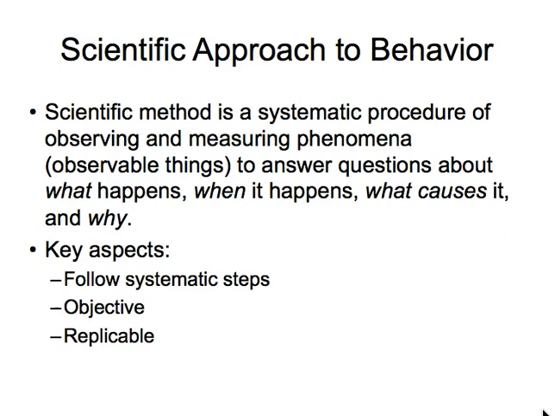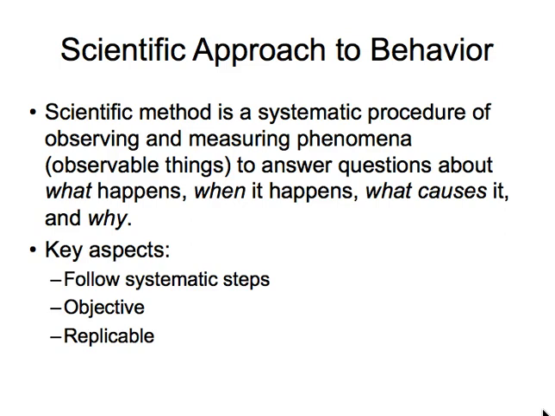Scientific method is a systematic procedure of observing and measuring phenomena or observable things to answer questions about what happens, when it happens, what causes it, and why.